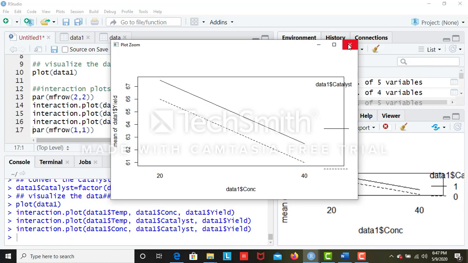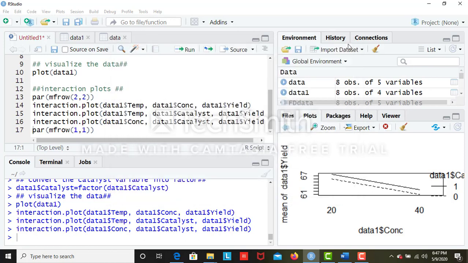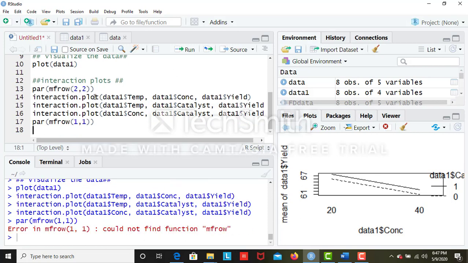So there's only one significant interaction, that is temperature and catalyst. So we've seen the various interaction plots, and we conclude that there's only one interaction, between temperature and catalyst, that affects the yield.